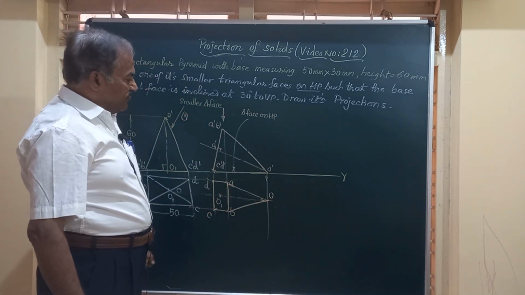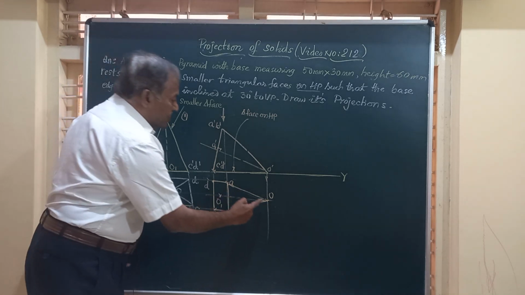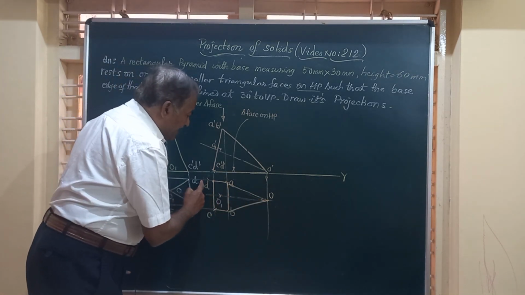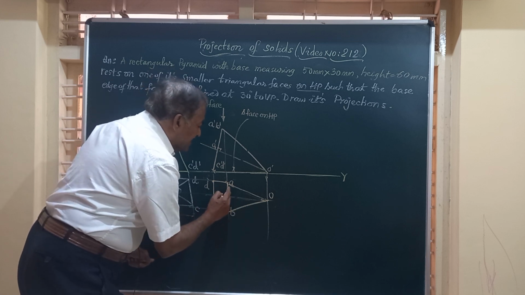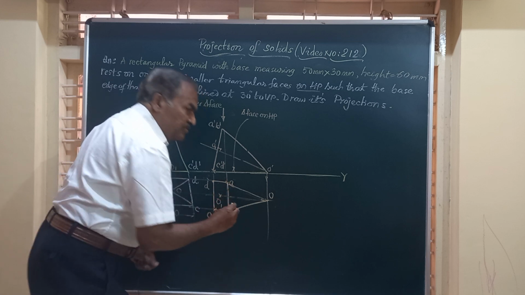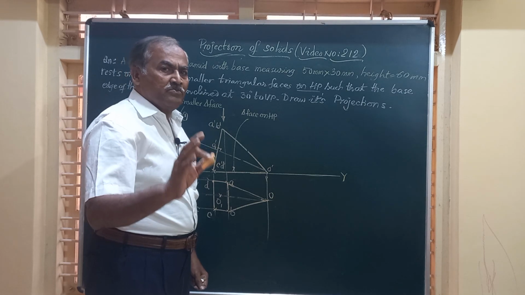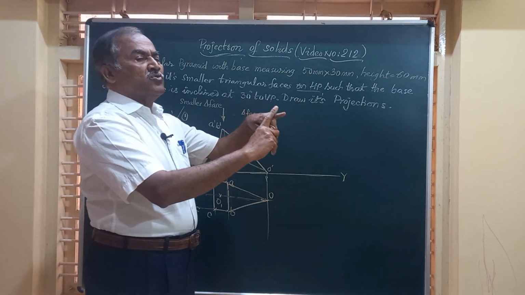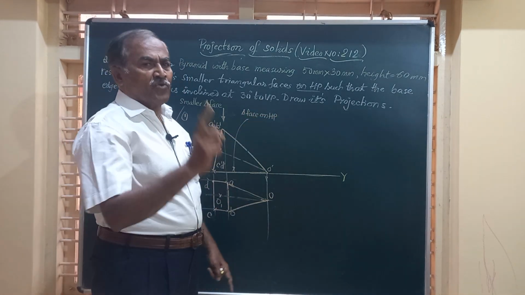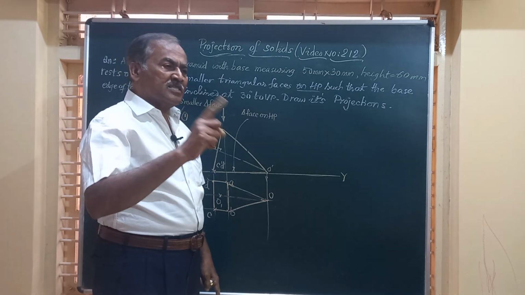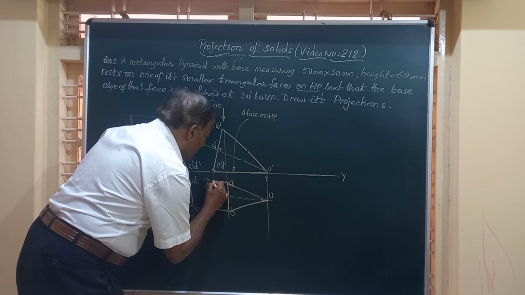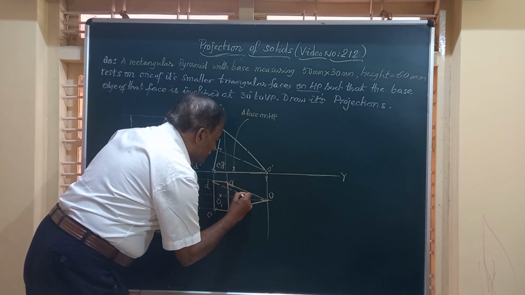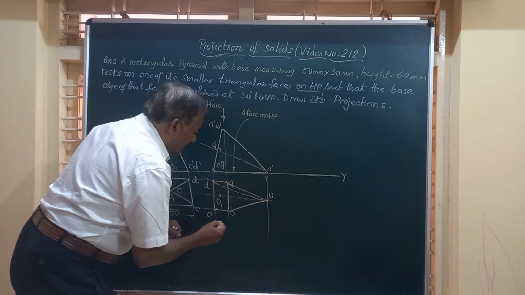Friends, if you observe, when you are joining O to D, this line OD intersects this vertical line, which is already a visible line. So, whenever two lines intersect, if one of them is a visible line, the other has to be an invisible line. So, I am going to show this OD by a dotted line.